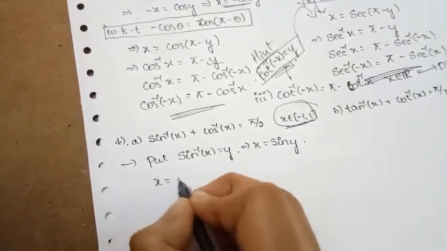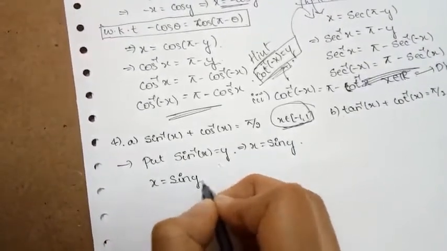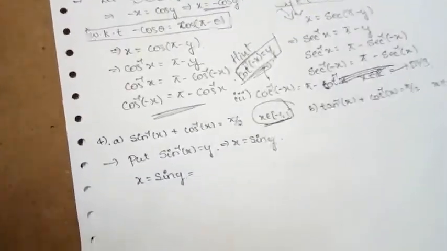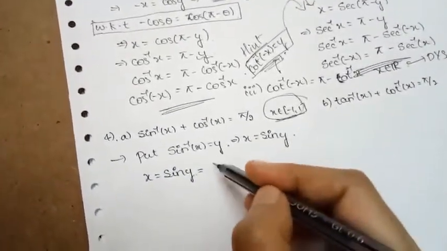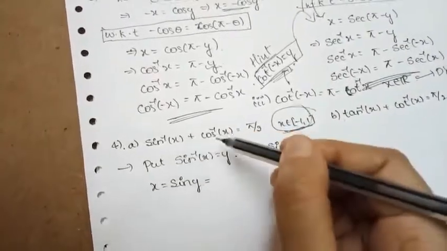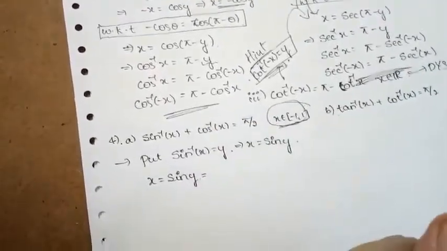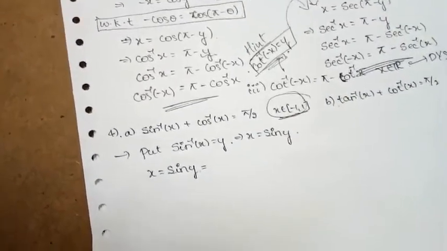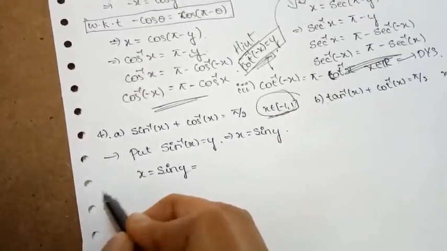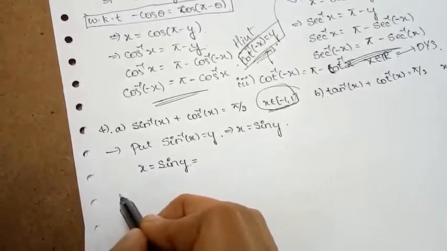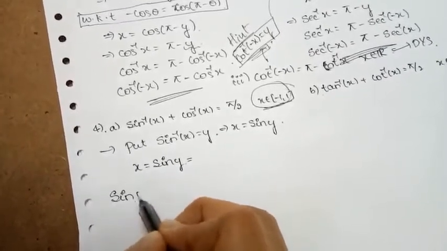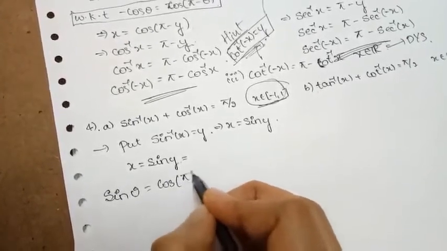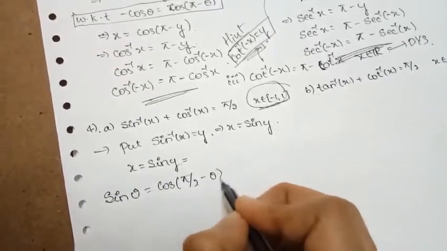So x is equal to sin y means, how can we write sin y in terms of cos? Why I am thinking in terms of cos is because in the question we are having both sin and cos. So think how we can write sin in terms of cos. In the last video I already explained that sin theta is equal to cos of pi by 2 minus theta.